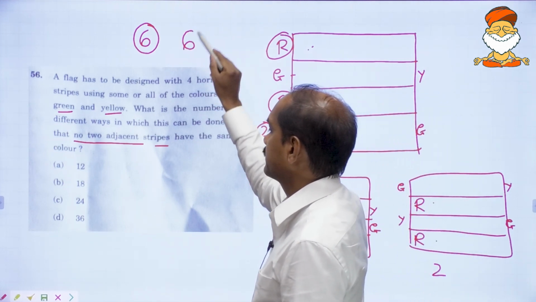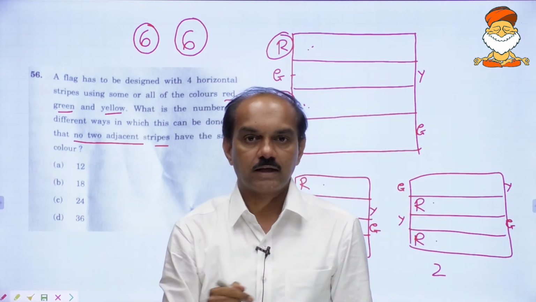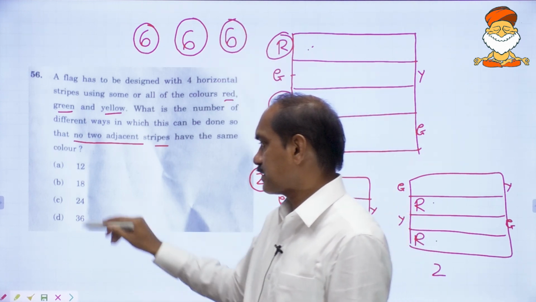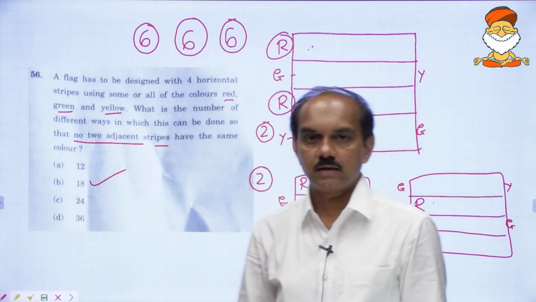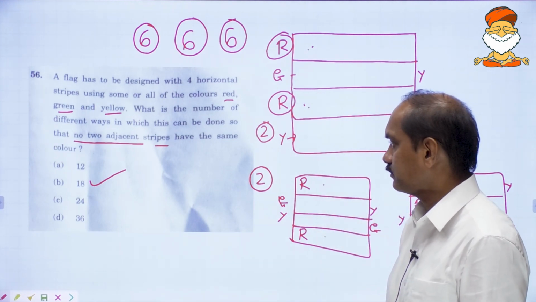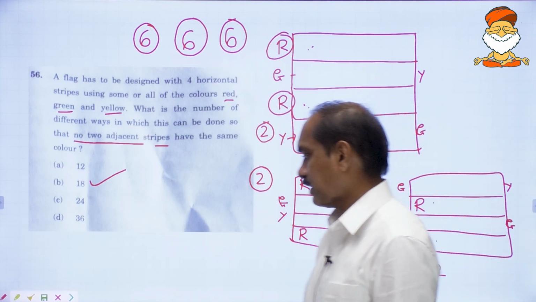There you will get 6. Whatever we have done with red, you do the same thing with yellow. There you will get 6. 6, 6, 6. The final answer is the second option, 18. Okay. So in all, in 18 different ways you can do this exercise.